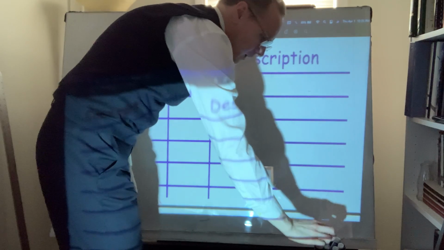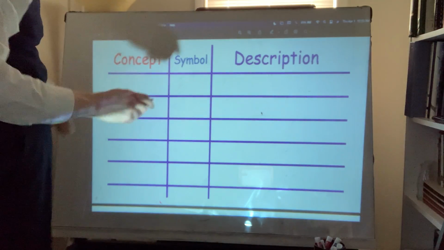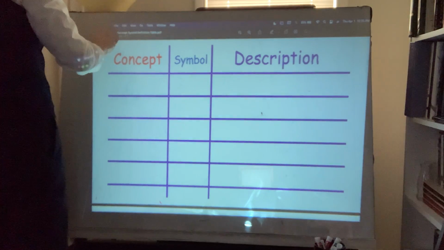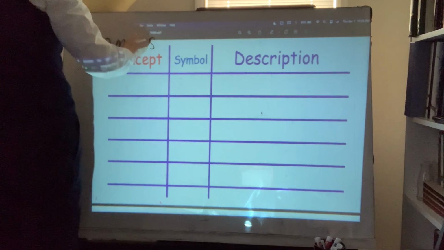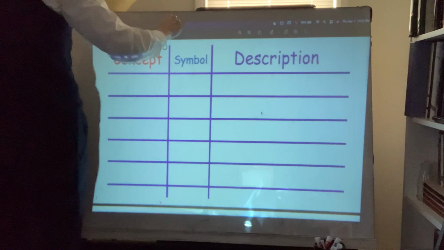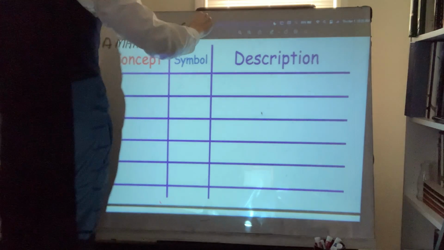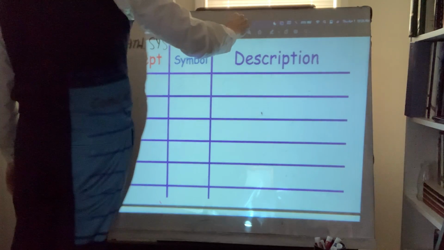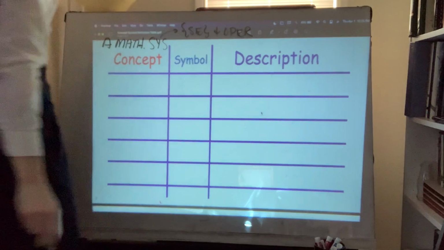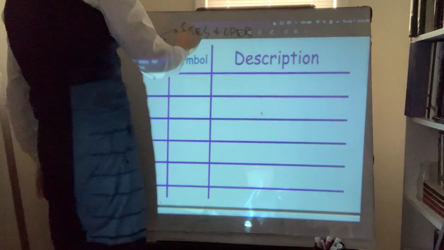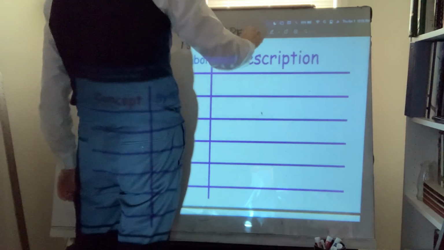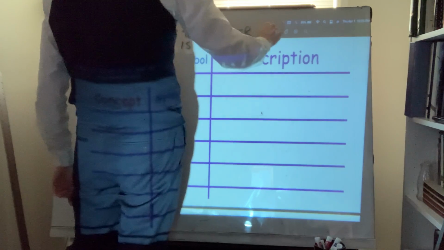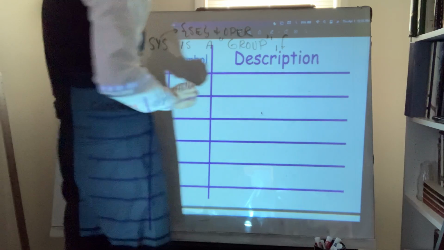Well, remember, a mathematical system, that is something that is a set and an operation, is more specifically a group if it meets these 4 criteria.